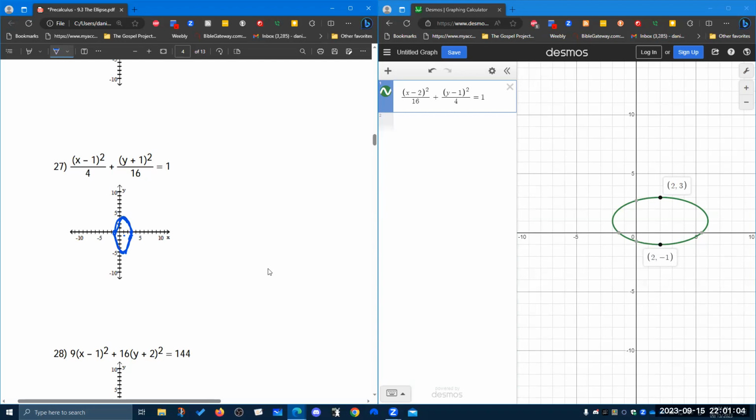Be an ellipse that looks kind of like that. Let's graph it in Desmos so it looks a little better. And there it is.